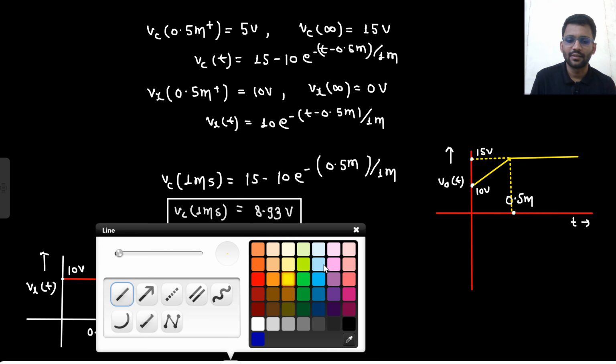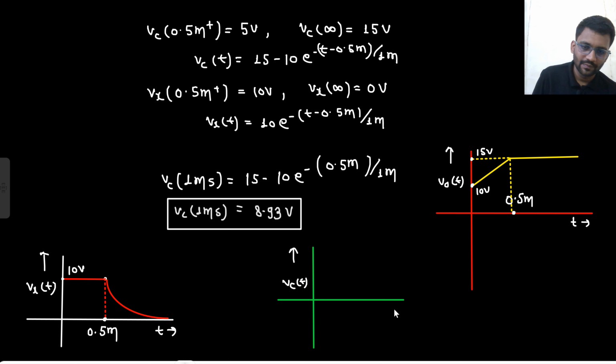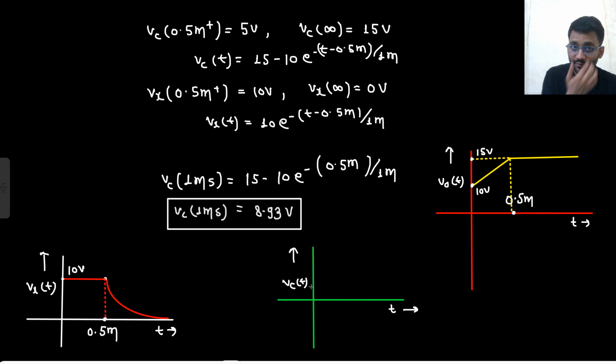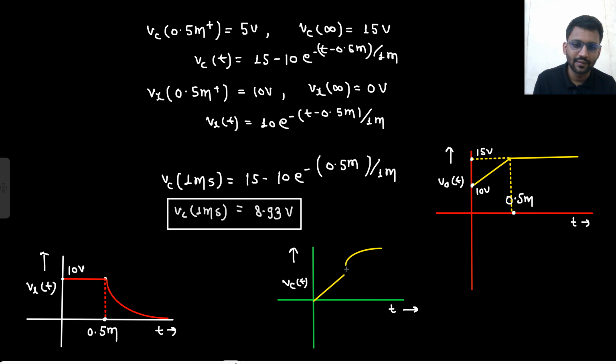And the last thing, your VC waveform. This would be your VC waveform. Started from 0, it charged till 5 volt, and then it rose exponentially.